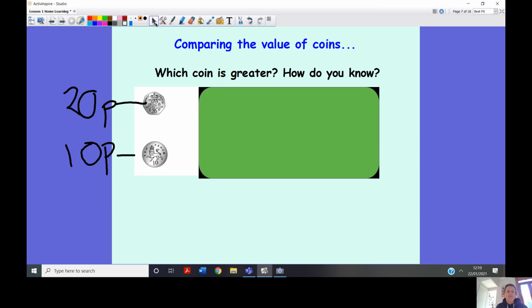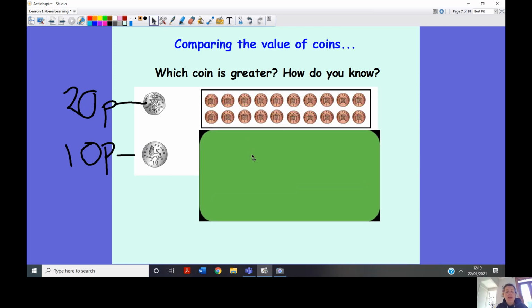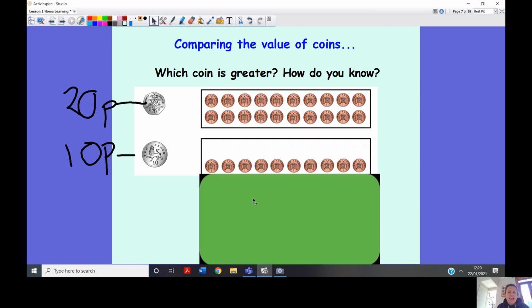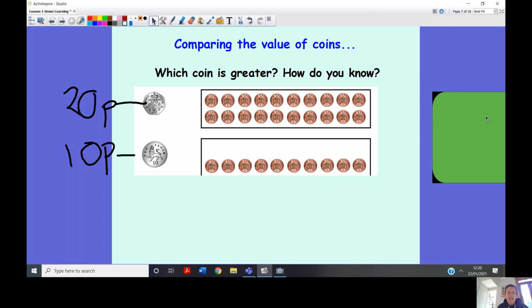What this means is my 20p coin is worth 20 individual pennies, and my 10p is only worth 10 individual pennies.